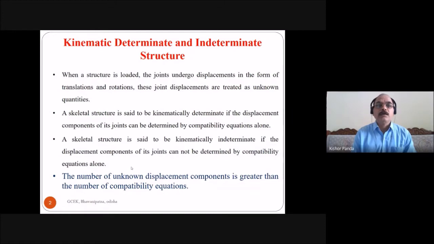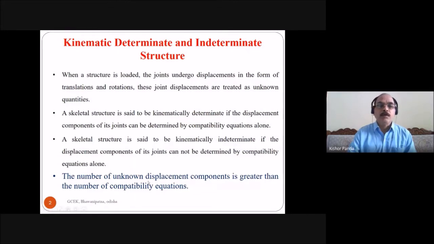Now you are clear? So what is the difference? When using the compatibility equations we find the joint displacement components, that is the kinematically determinate structure. When by using the compatibility equations you can't find the joint displacements, that is the kinematically indeterminate structure.